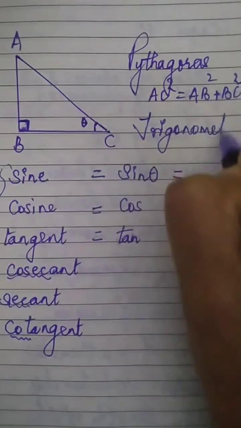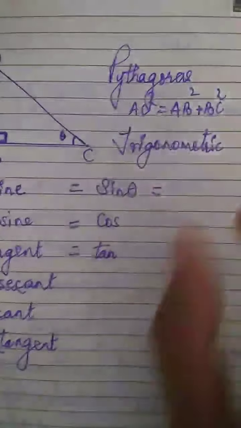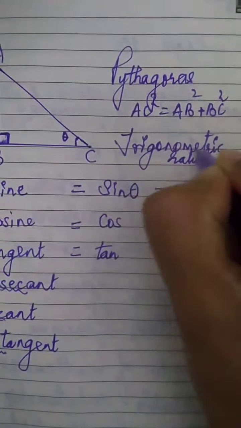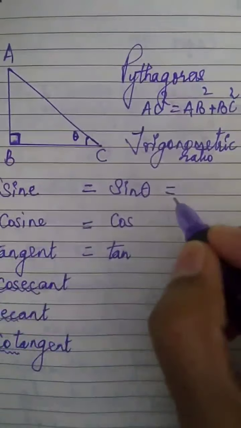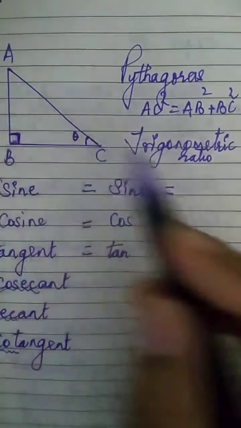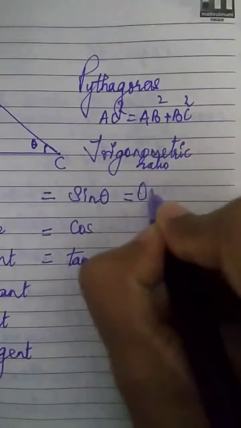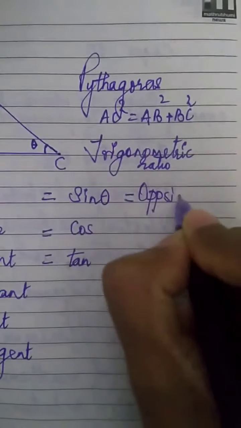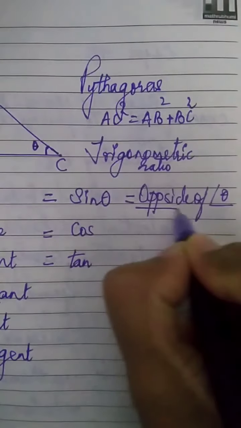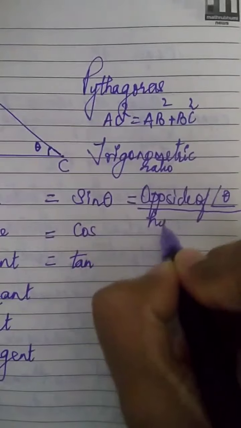Trigonometric ratio means one quantity upon another quantity. So it is a ratio. So here sine theta means, the formula is opposite side of angle theta upon hypotenuse.